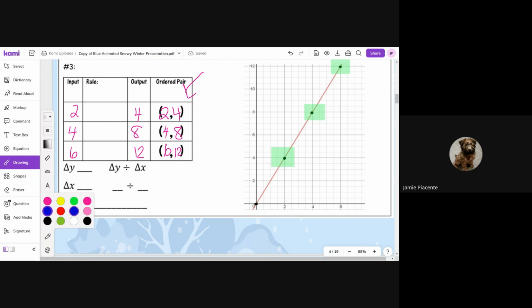Go ahead, find what they're each changing by, and find your change in y and change in x. This one's a little tougher, but again, this is the review we've been doing the past 2 days. Find what y is changing by, and then find out what x is changing by. Plug it in and tell me what it equals. You're not finding the rule, just figure out what they're changing by. I want to go step by step because if you get any part incorrect, then the whole thing gets messed up.